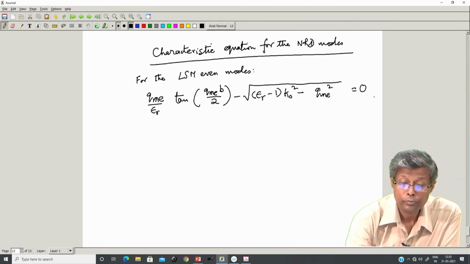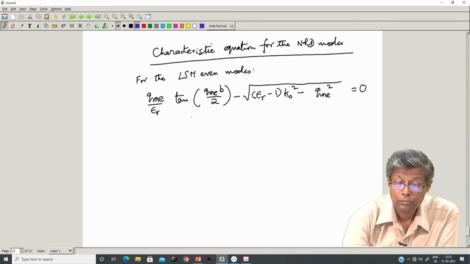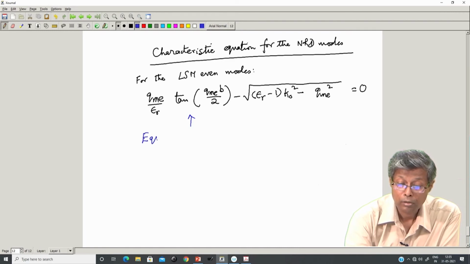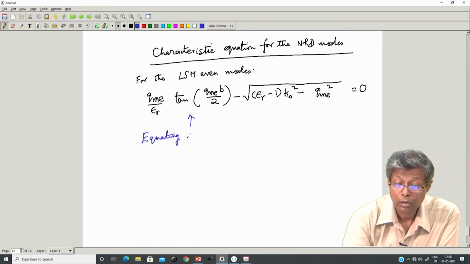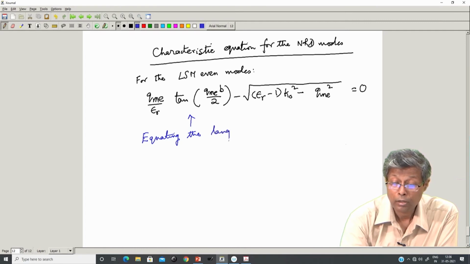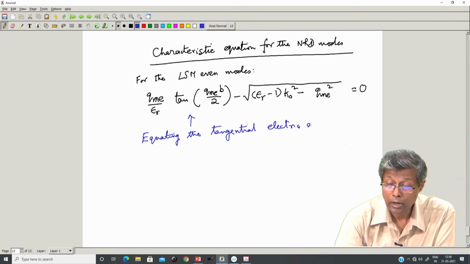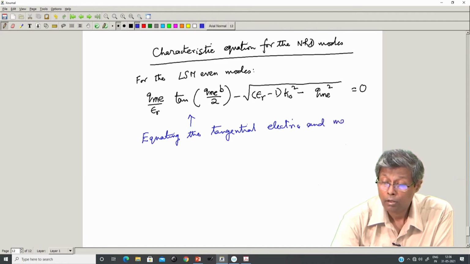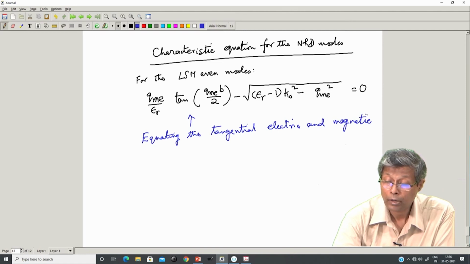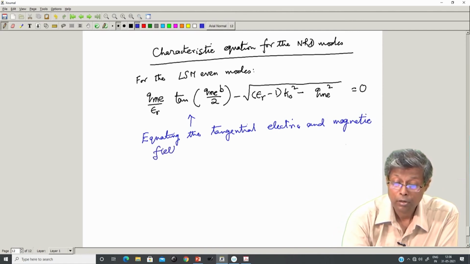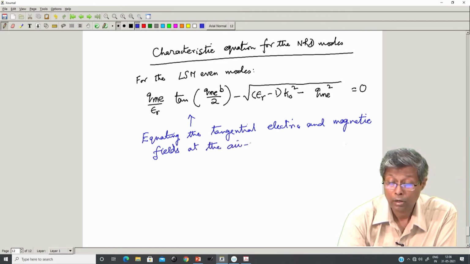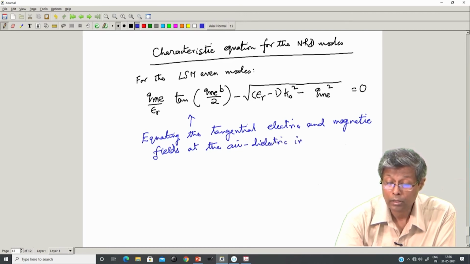So, this is obtained by equating the tangential electric and magnetic fields at the air dielectric interface.